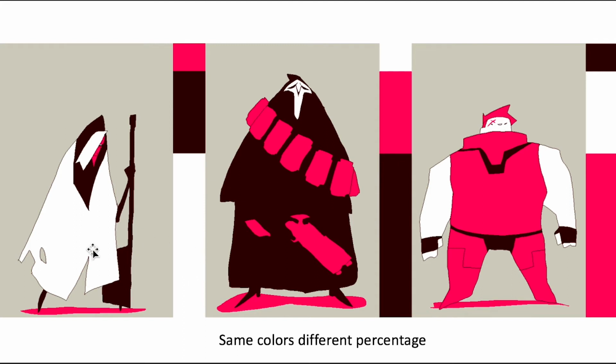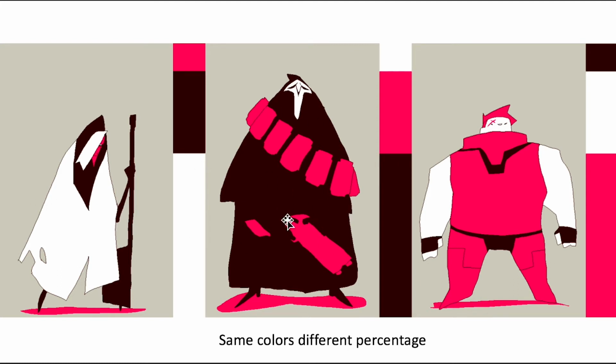For example, the first character, we use more white colors, and this character looks like more of a spiritual character, right? And for the second character, we put more black color on it, and very minimum white colors. So he looks more like an evil character. And for the third character, we use more red color, so he's more like a positive character, a superhero.